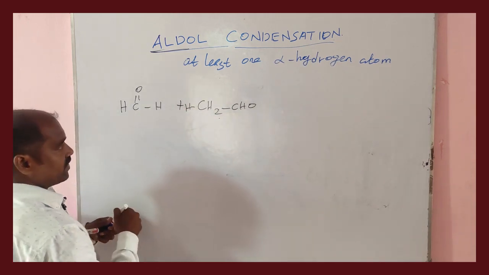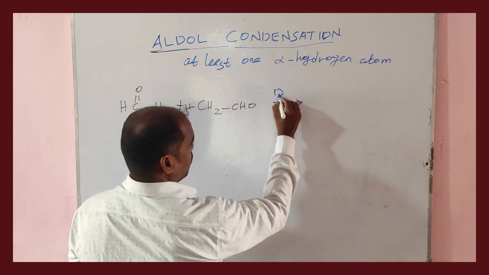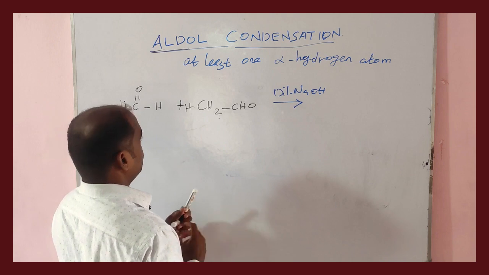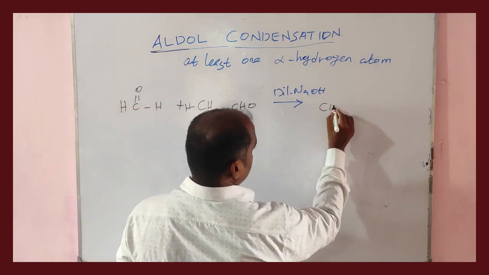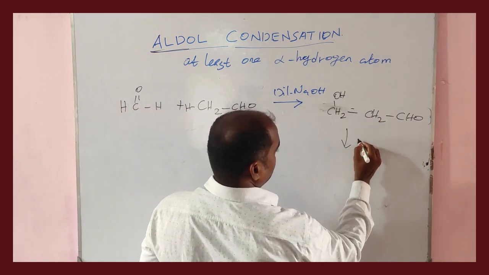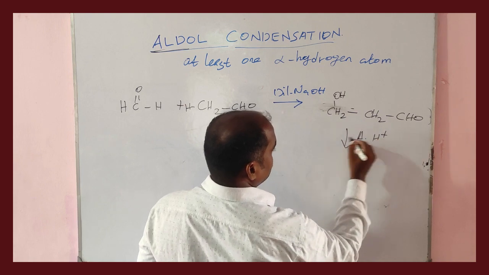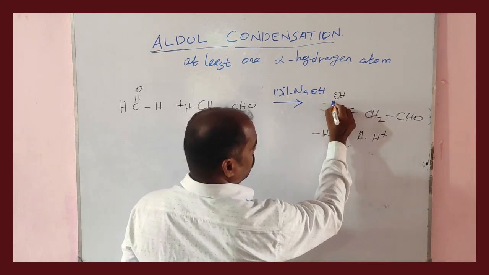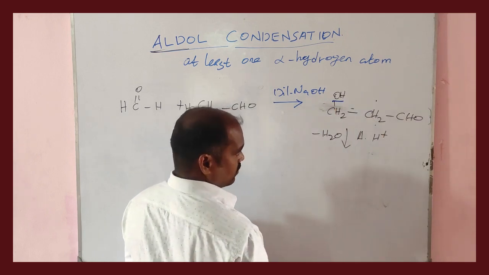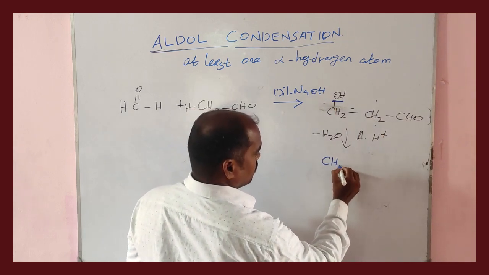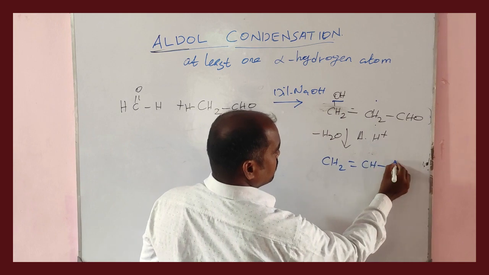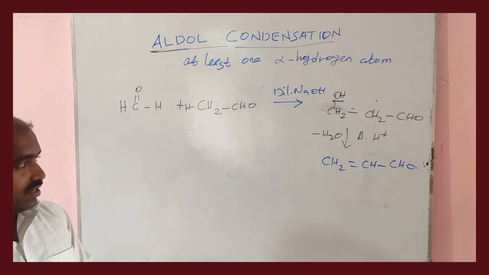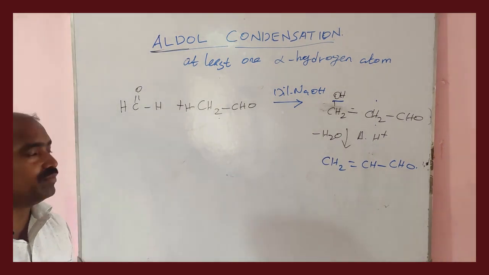The same positive and negative charges; you add dilute NaOH and you get the aldol. After that, just heat in the presence of acid and you get a water molecule removed: OH here and 1 hydrogen here. Removing them, you get CH2 double bond CH CHO, acrolein. The product is acrolein.